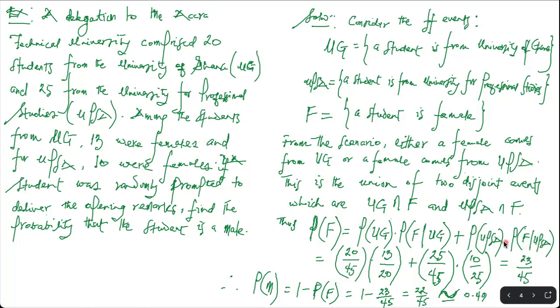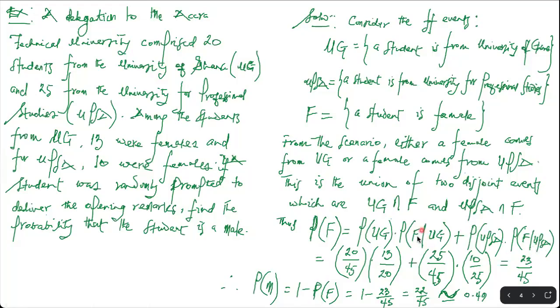The new addition that I am introducing here is, fine, a female student has been picked. What is the probability that the student is from UG? Or again, if a female student has been picked, what's the probability that that student is coming from UPSA?